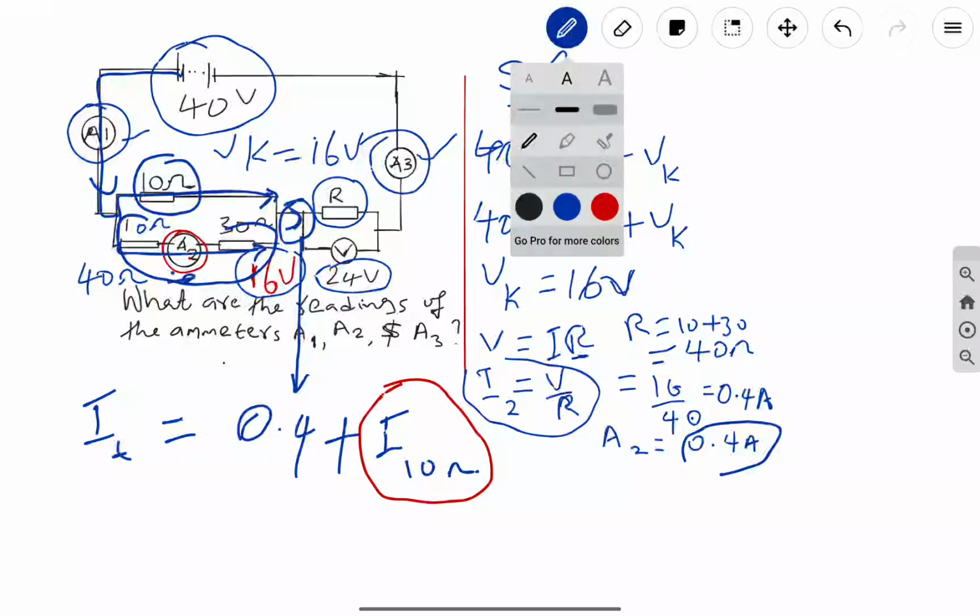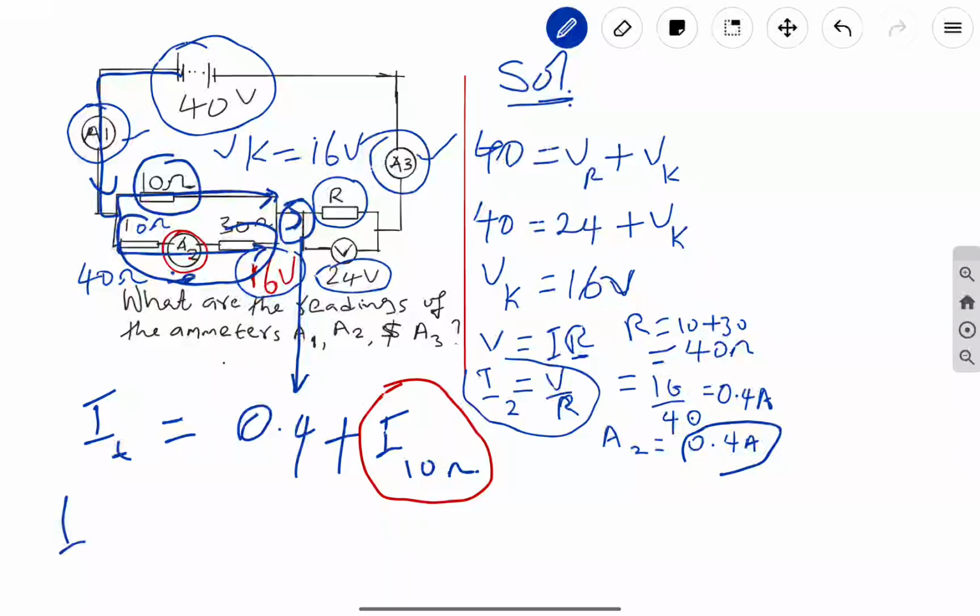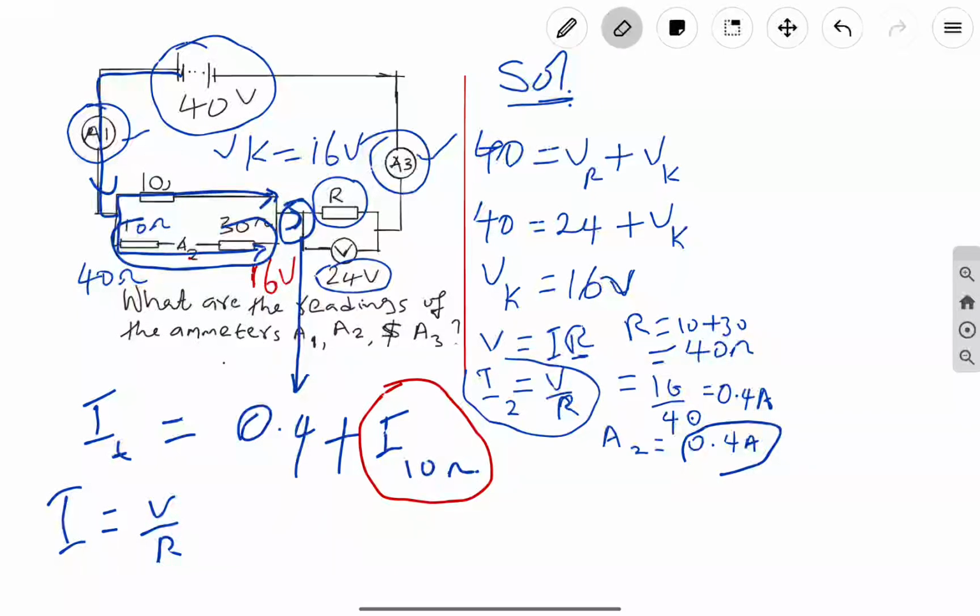To do that, we still apply Ohm's law. Current is voltage over resistance. We have already seen that the voltage across this 10 ohm resistor is 16, because this region and the 10 ohm resistor are connected in parallel.